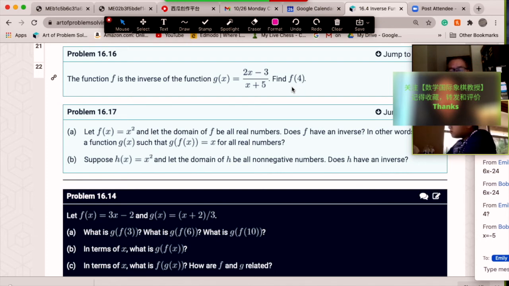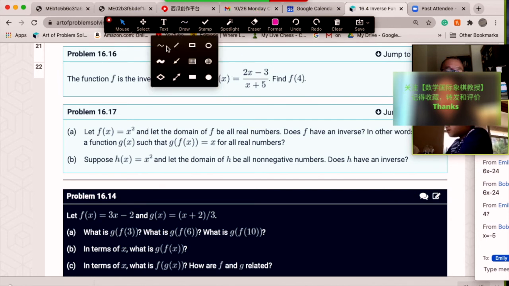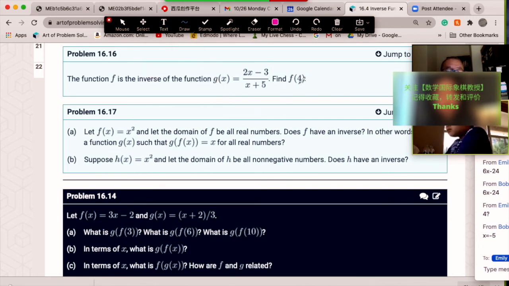So that means the variable you give for f is actually the value for g. So that means you set g(x) equals 4, then solve for x. The x value will give you the value for f(4).